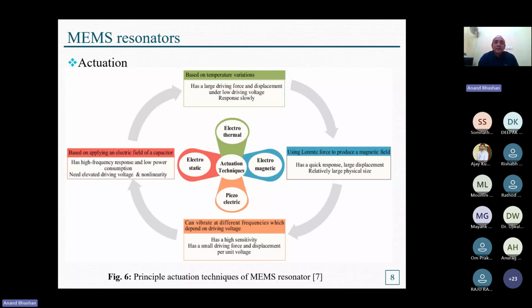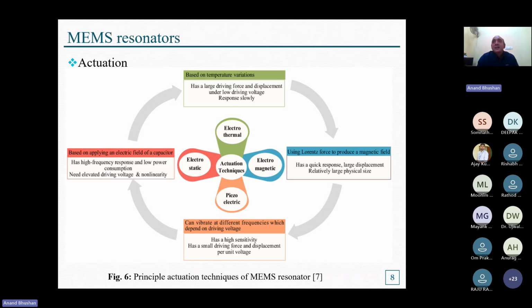MEMS resonators. First of all, this is the electrothermal actuation principle. In electrothermal actuation, we can apply a large driving force and displacement. The basic principle is that we have a suspended MEMS device and we need to provide a temperature difference.